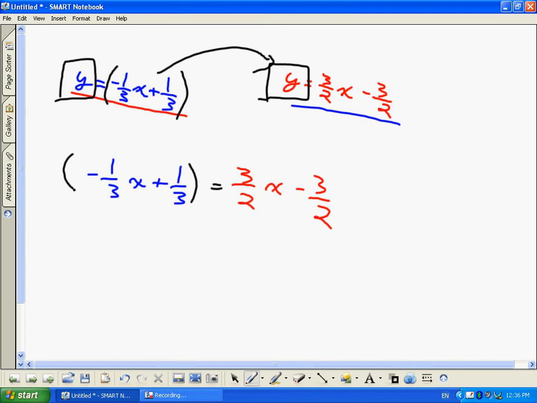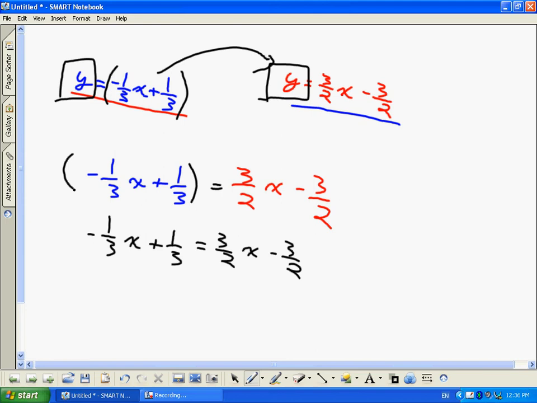So using substitution, I set these two equal. I got rid of the y and replaced it with the other expression. So now all I have is one variable throughout this entire equation, x. I'm going to try to solve for x.